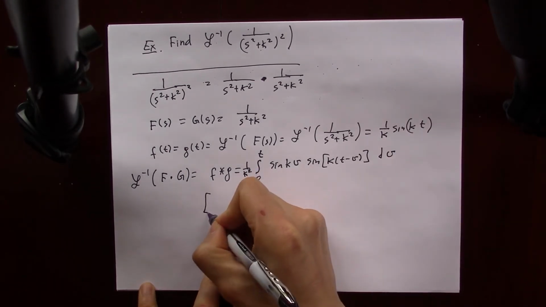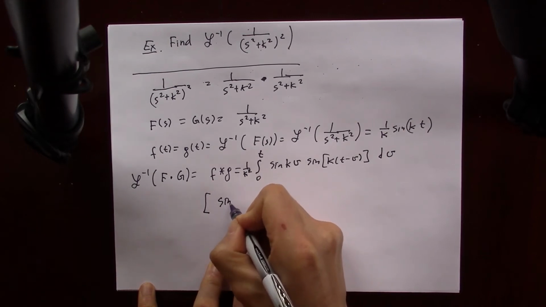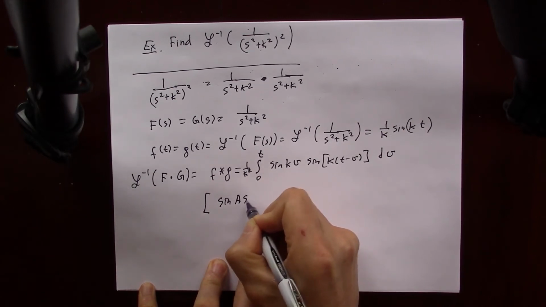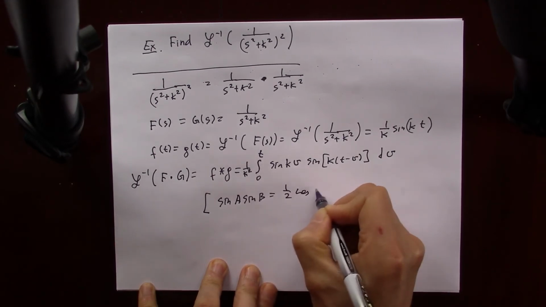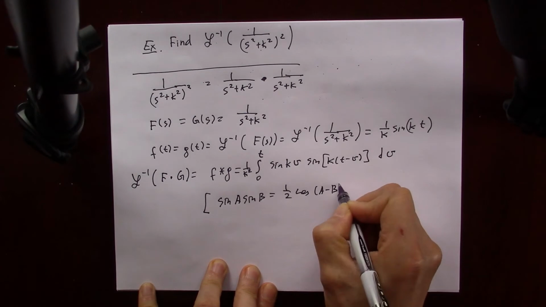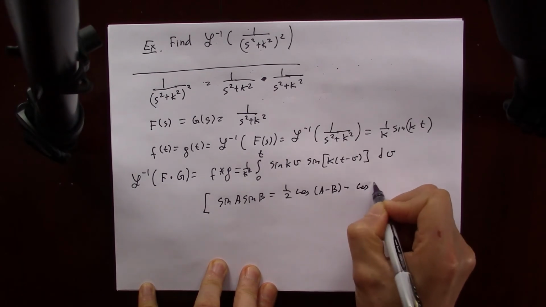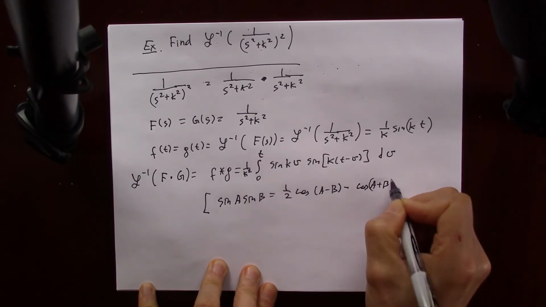I will use the property that sine of a times sine of b equals 1/2 times cosine of a minus b minus cosine of a plus b.